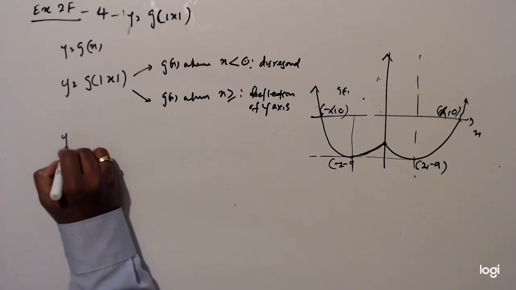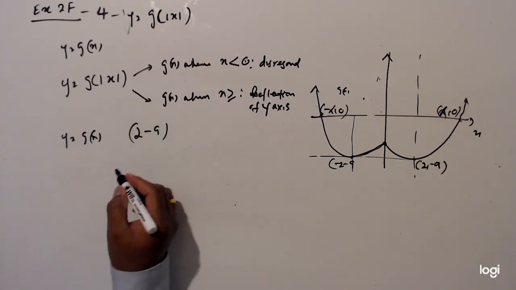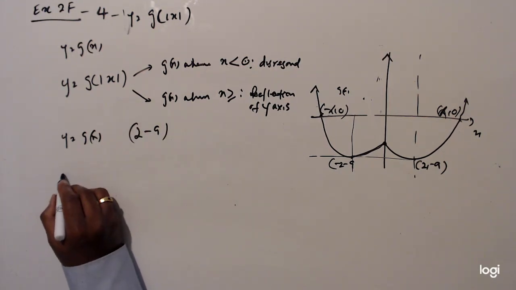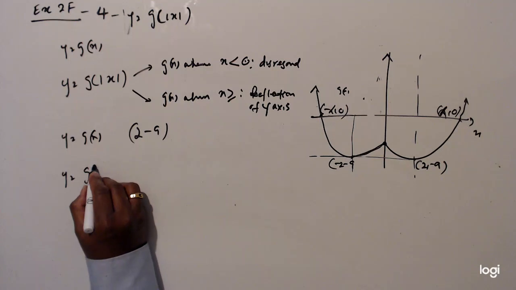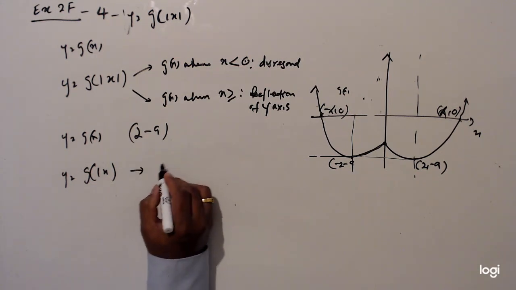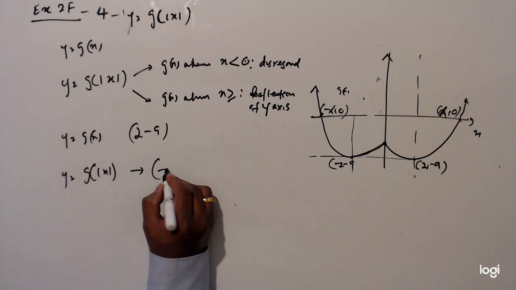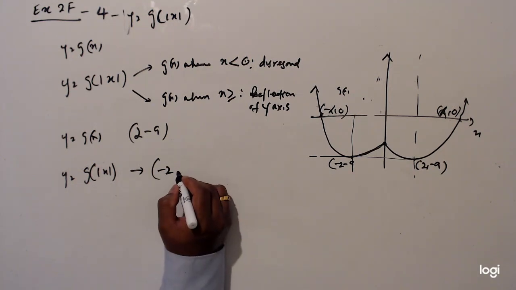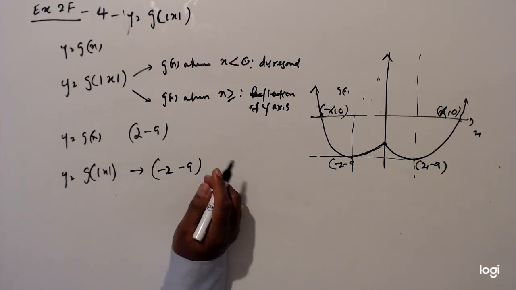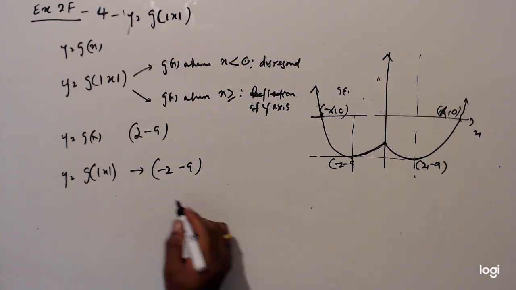So y = g(x) has (2, -9), right? So y = g(|x|) also has (-2, -9).